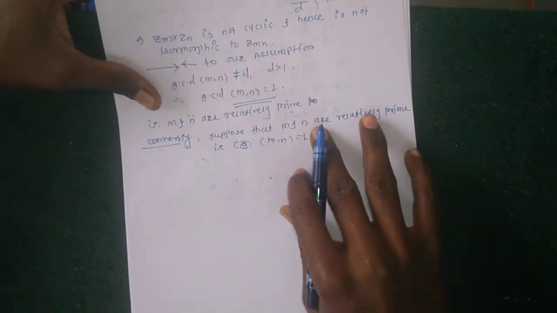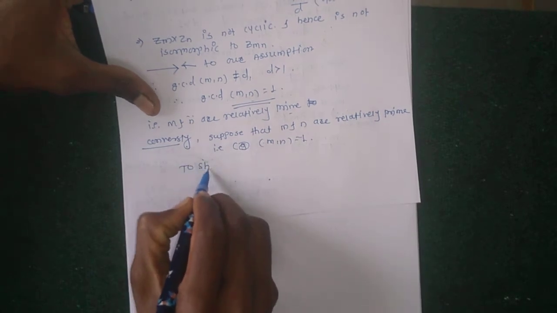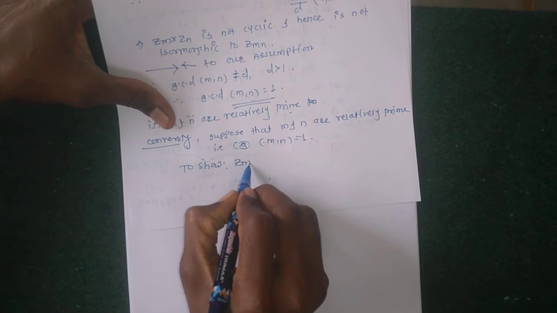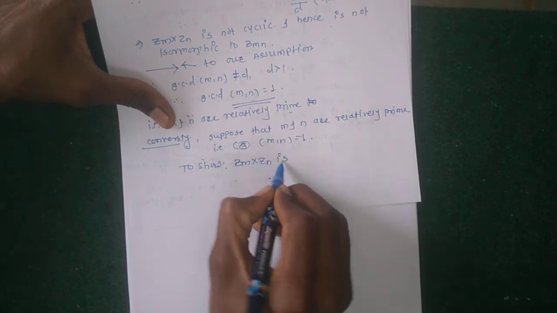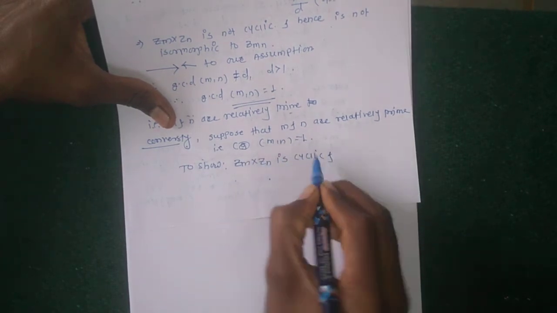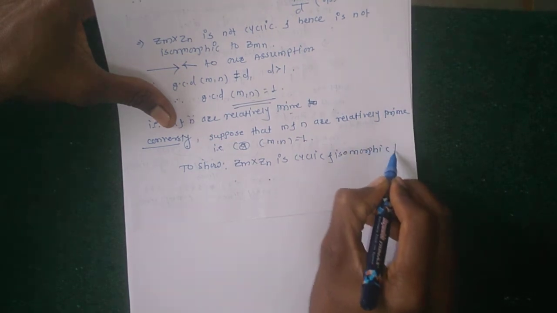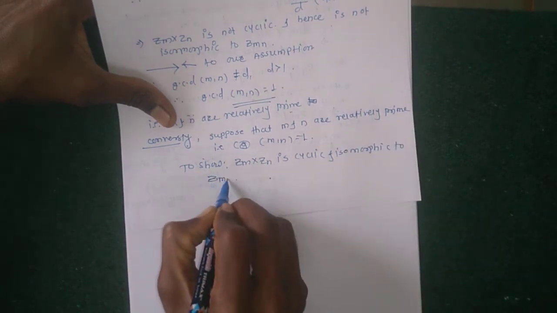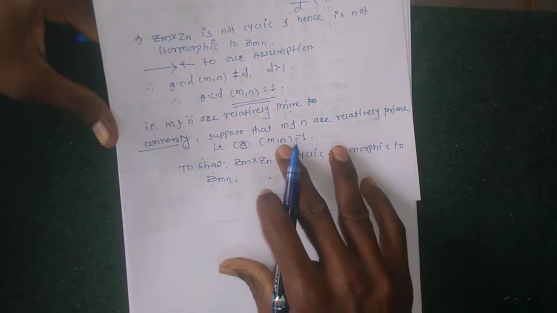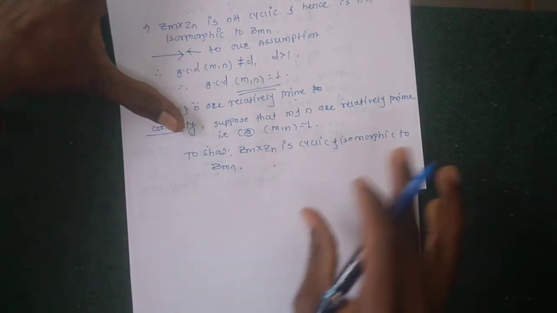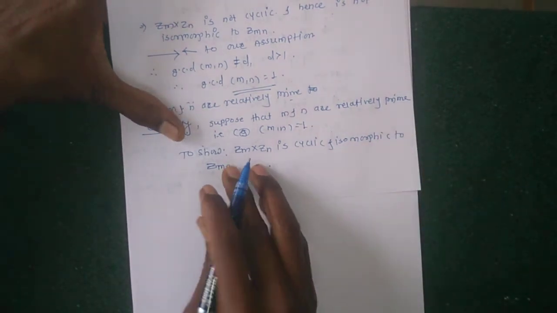We have to show that Zm cross Zn is cyclic and isomorphic to Zmn.